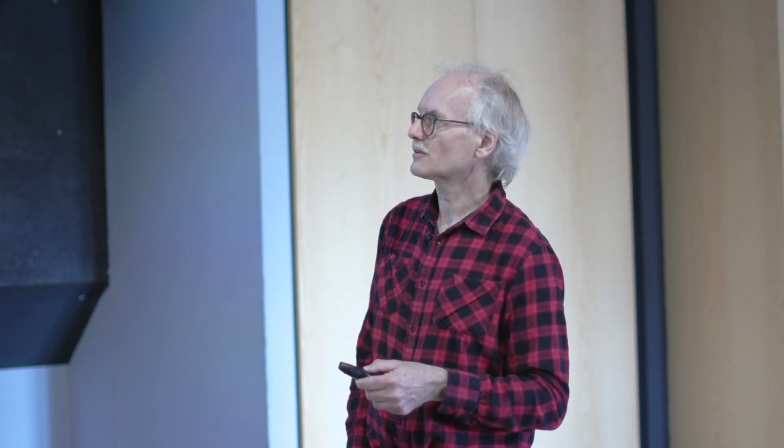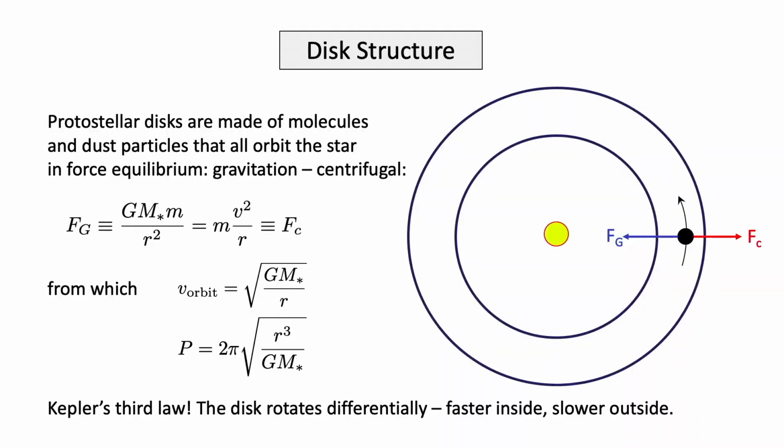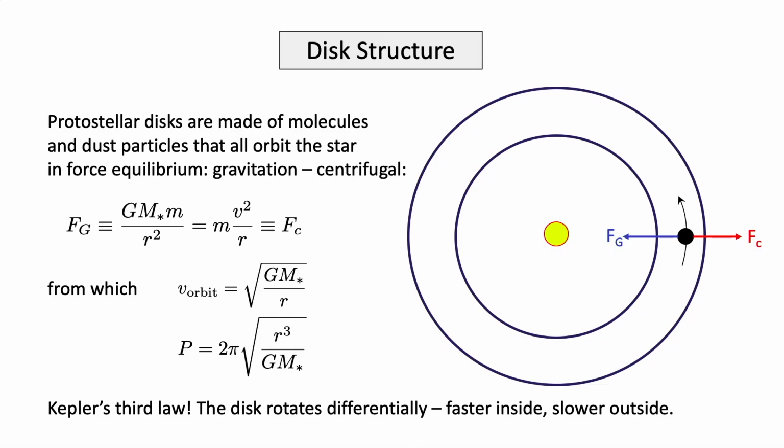We can solve this equation for v, which gives us the orbital velocity. We can solve it for period as well, which gives us the orbital period, and you can calculate planetary orbits that way, the velocity of a planet, if you only know the stellar mass in the center and your distance. This is Kepler's law, and the disk essentially also follows a Kepler law. Not exactly, but it's very close to that. But there's a little correction to be made, but I'm not going into this.